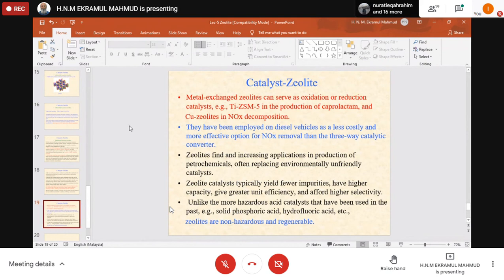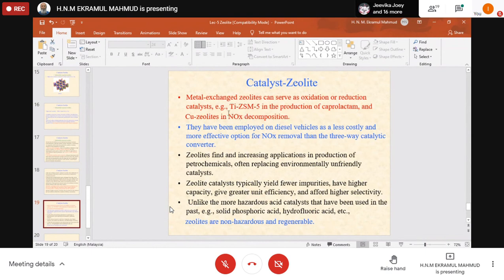Right? All right. So metal exchanged zeolite can serve as an oxidation or reduction catalyst. That is titanium ZSM-5. Titanium is added to this ZSM-5. As I just told you, sodium, potassium, or any other ions are replaced by titanium, used in the production of caprolactam, and copper zeolites in NOx decomposition.